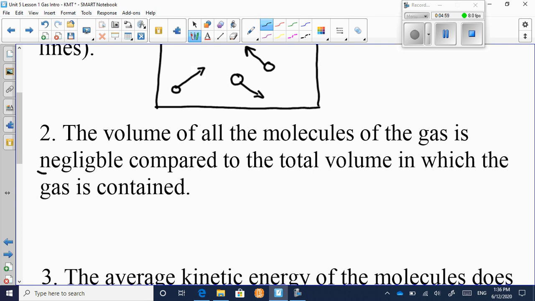It's negligible compared to the total volume of the container. So in other words, this says that whether it's a big molecule or a small molecule, you don't have to worry about the size of the molecule.